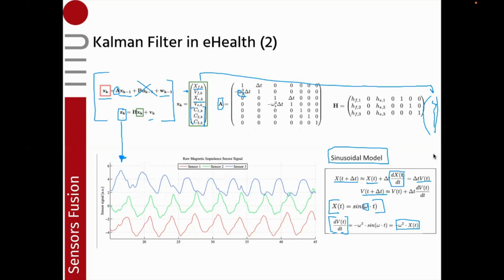And in this case, we can write down the matrix H as depicted here. This one has coefficients that allow a bit of weighting of the two signals. This is just to give you an idea of how the Kalman filter can be used to extract some vital signals from a set of sensors.